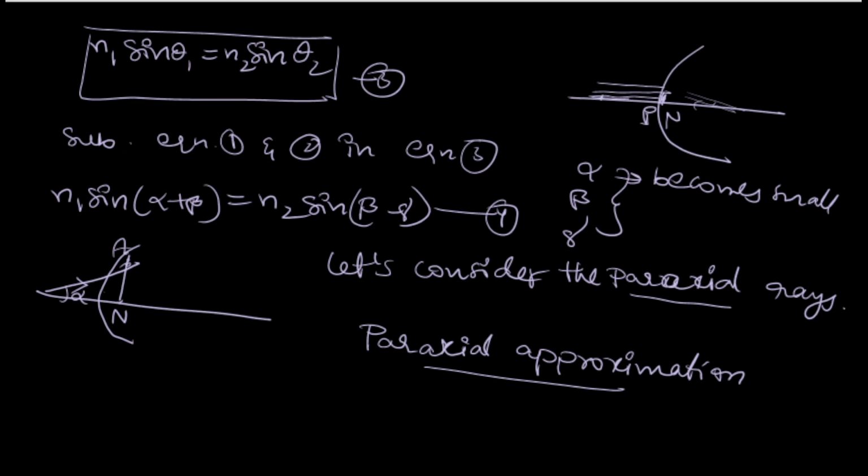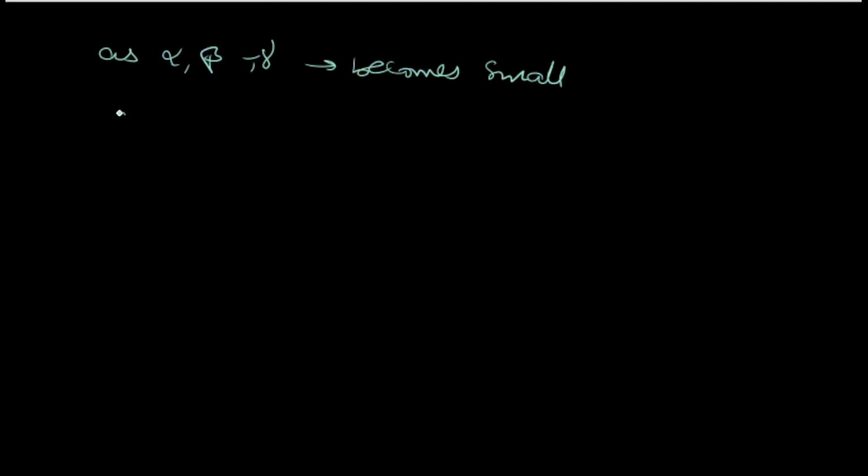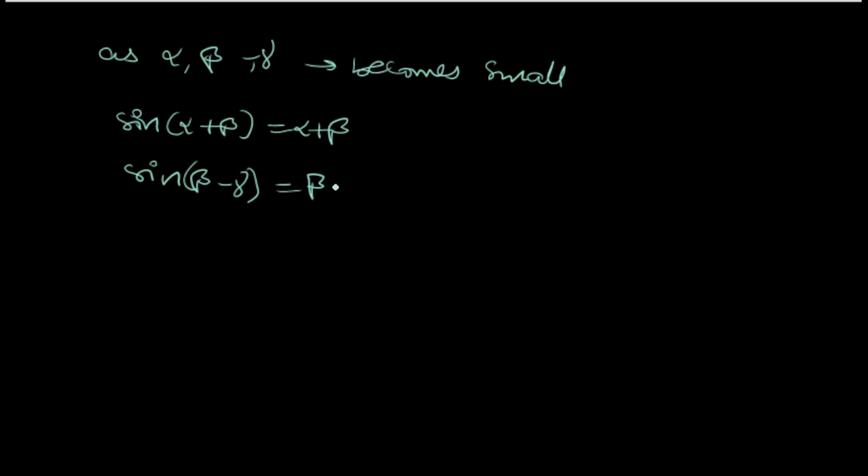Sine of alpha plus beta will be equal to alpha plus beta, and sine of beta minus gamma will be equal to beta minus gamma for small angles. This is equation number 5. Alpha, beta and gamma become very small whenever we consider the paraxial rays only.